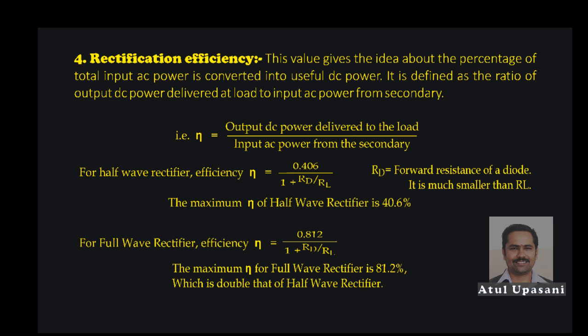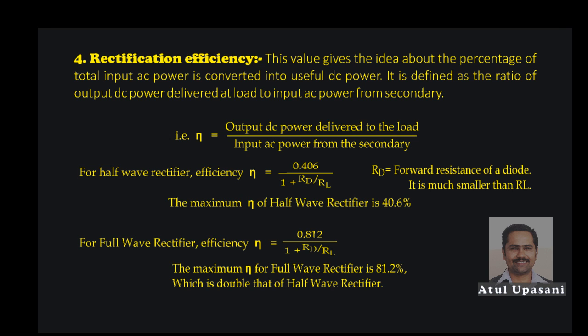Moving to the fourth definition, that is rectifier efficiency. This value gives an idea of what percentage of the total input AC power is converted into useful DC power. It is defined as the ratio of output DC power delivered at the load to input AC power from the secondary.